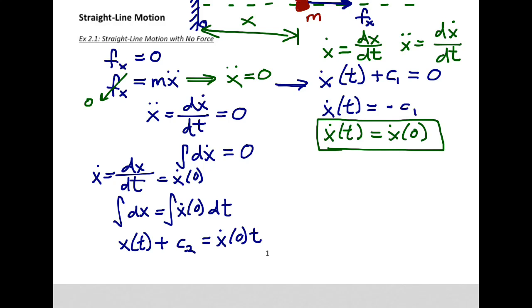Once again, if we know the position at time 0, that's our boundary condition.